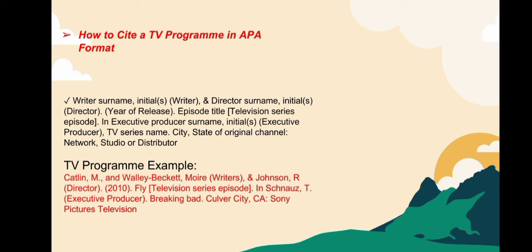And the next is like a German word, so kind of difficult. That's the name of the executive producer. And Breaking Bad, that would be the series, then the city, the initials, and then we have the distributor, which is Sony Pictures Television.